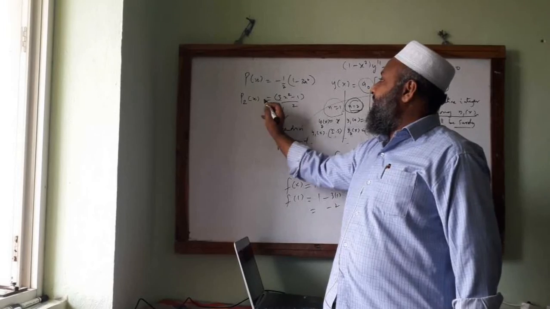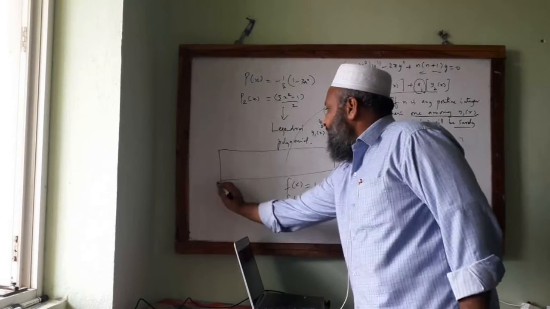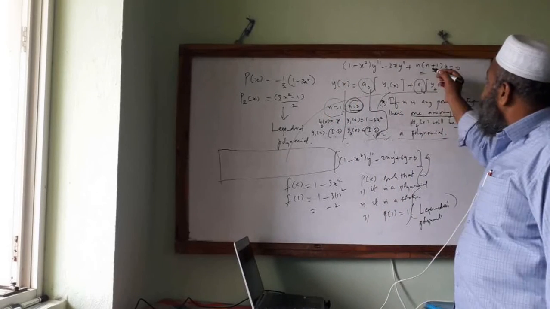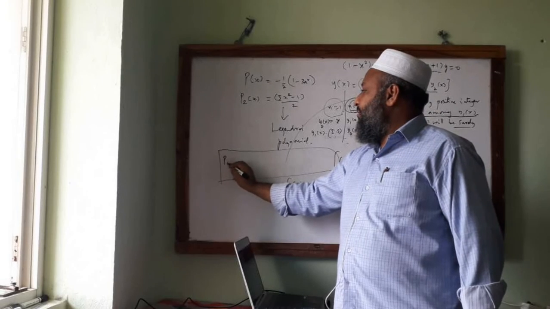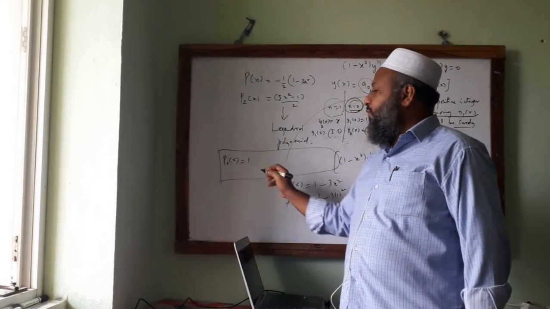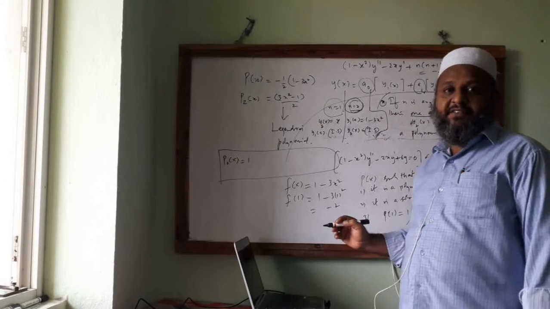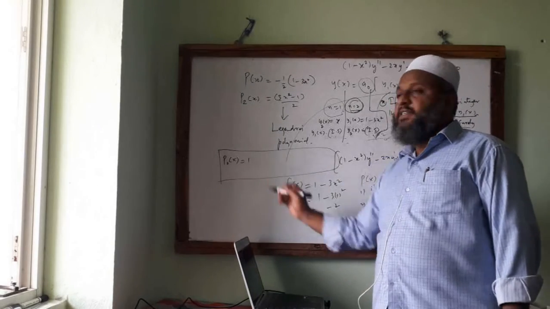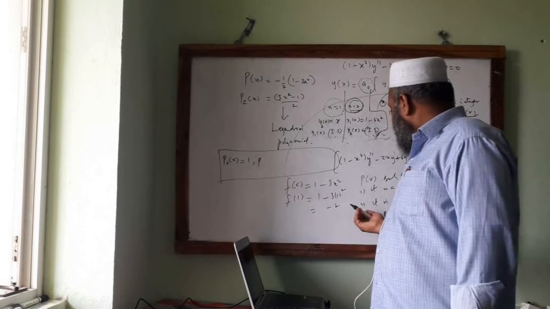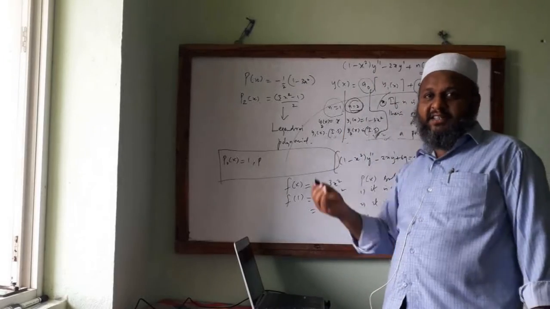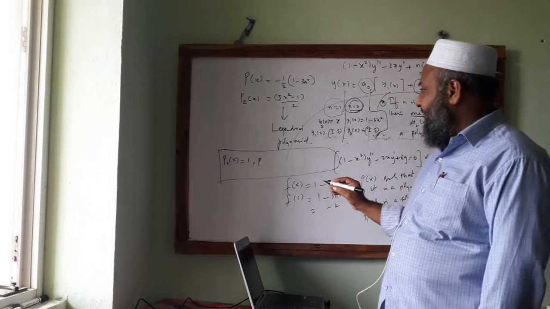Now coming to the point, if we note down some of the Legendre polynomials, if I substitute n value 0, then I'll get p naught of x. P naught of x is 1. You can see from the earlier written work, you can verify. These are the polynomials to be remembered. Otherwise you have to start from the infinite general solution, substitute the values and you can get it, of course.